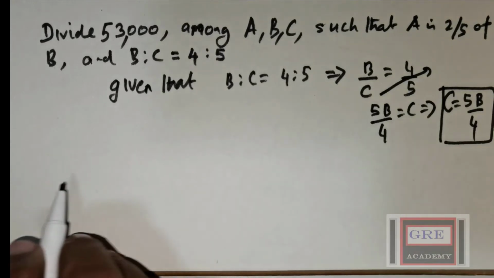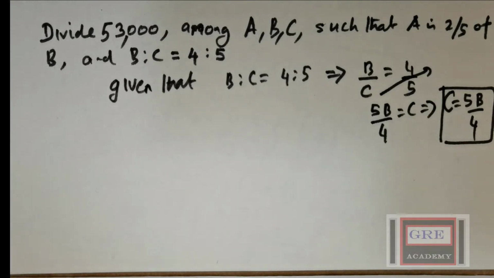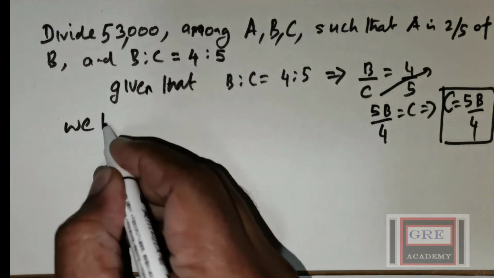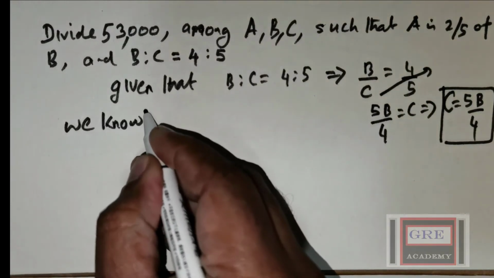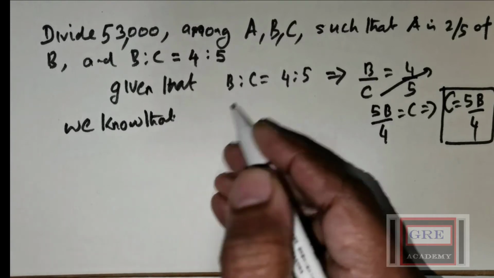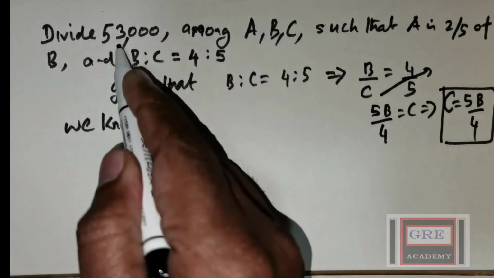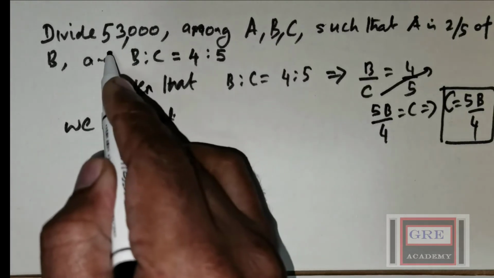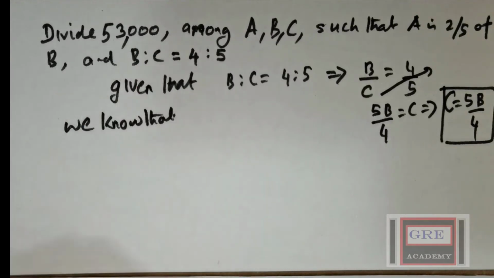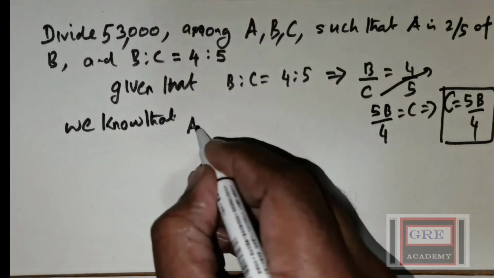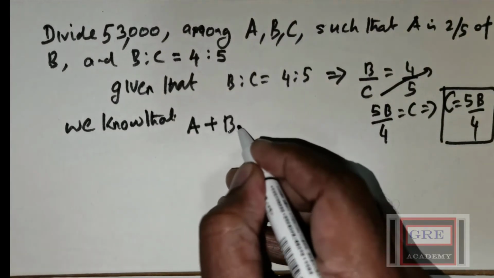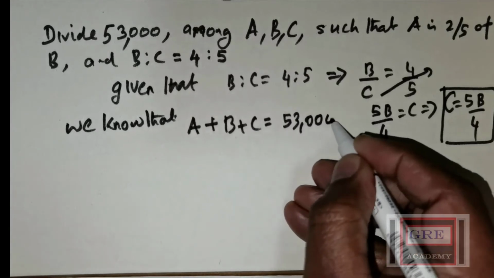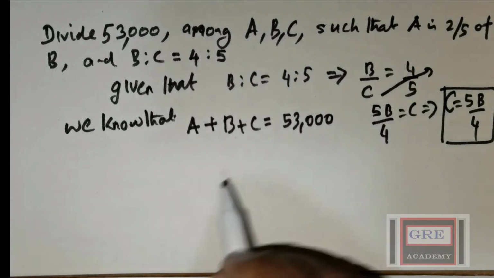So after obtaining the value of C, which is 5B over 4, what do we know? We know that A, B, C have to be holding the total sum of 53,000. So it's going to be A plus B plus C is equal to 53,000. We know this. It's given in the question.